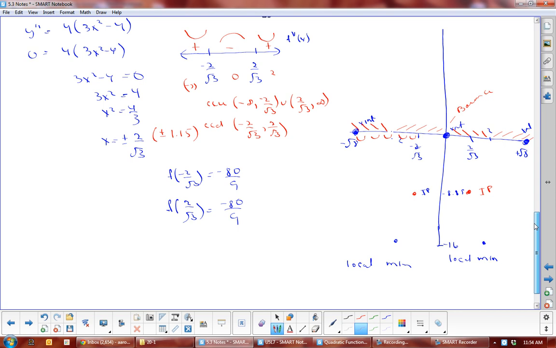Okay, and then from negative 2 over root 3 to 2 over root 3, we're concave down. Okay, and then we're back to concave up.